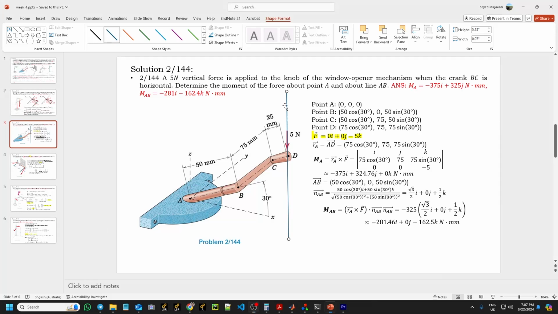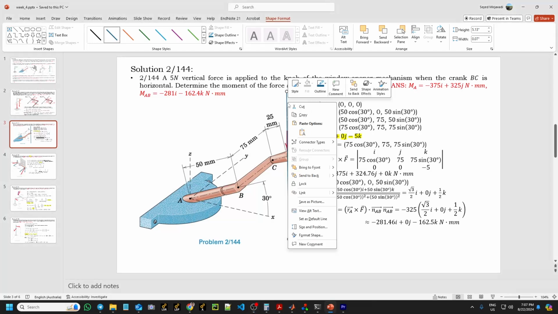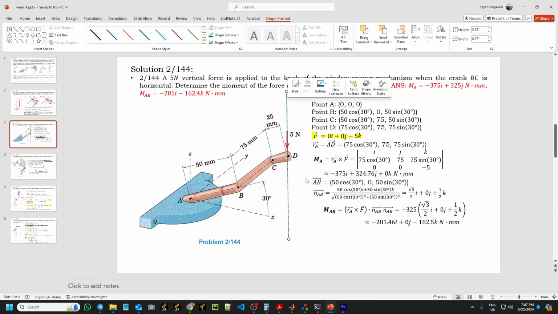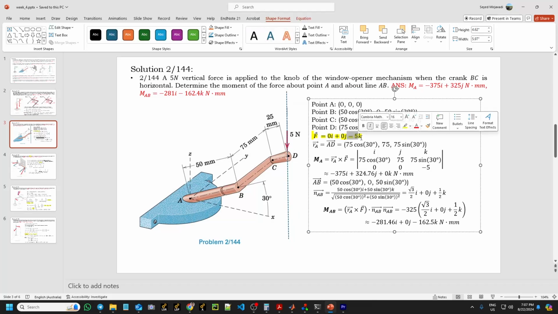This is the line of action, actually it should be a dashed line. And as you see, this is parallel to the z. So the unit vector of the z is k, but here it is pointing in the negative direction. So we will put minus 5k.